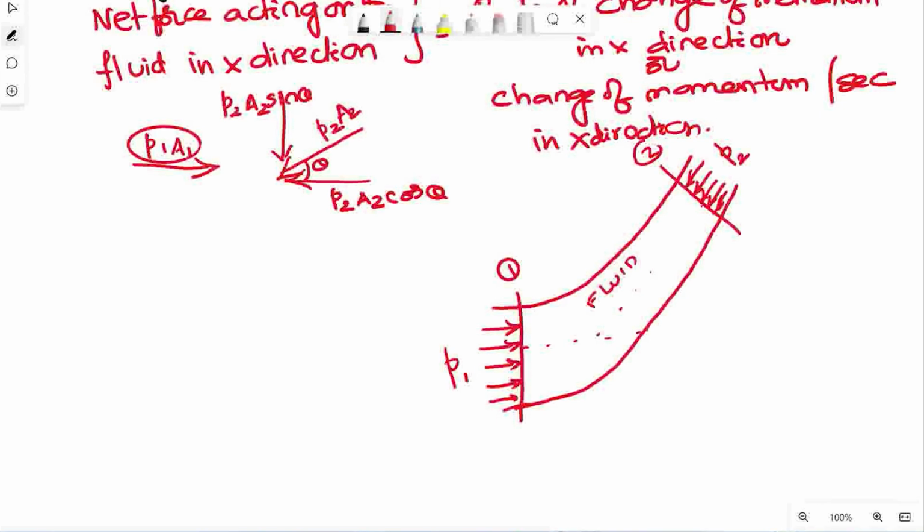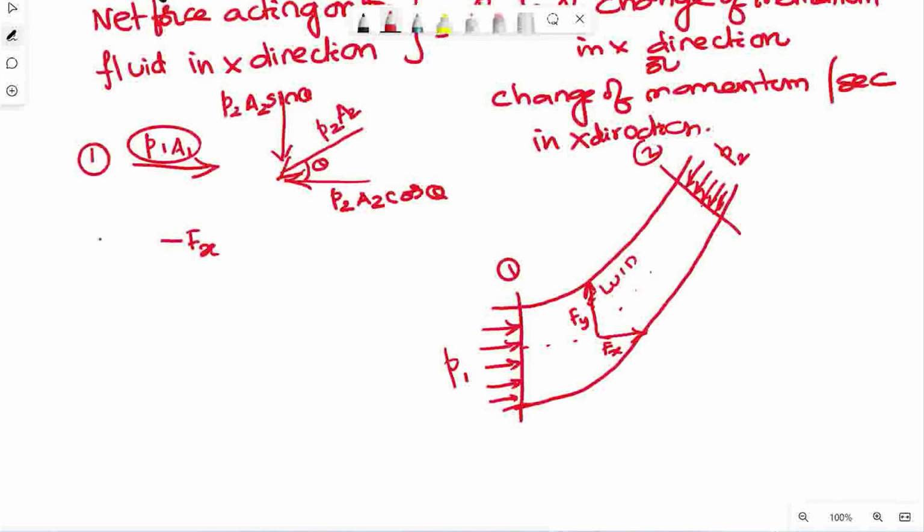Pressure is over. Now what are the other things? The force exerted on the bend we mentioned as Fx, and similarly Fy on that side. So what is the force applied by the bend on the fluid? It is minus Fx in x direction.